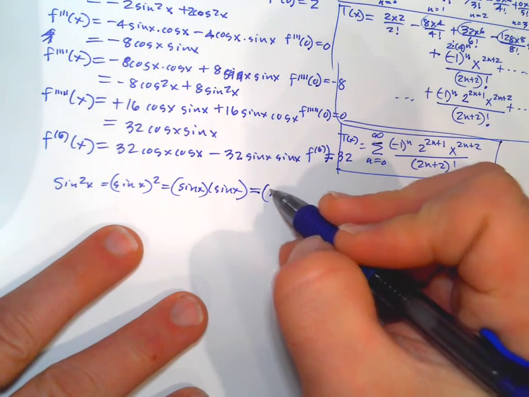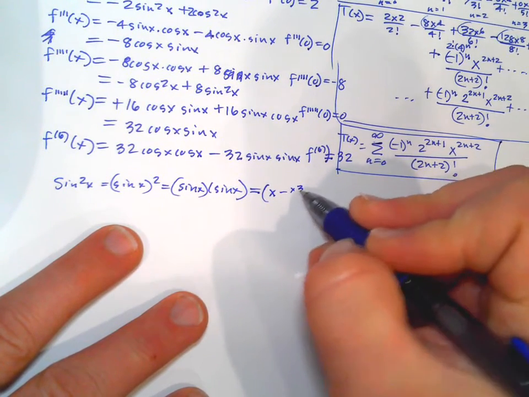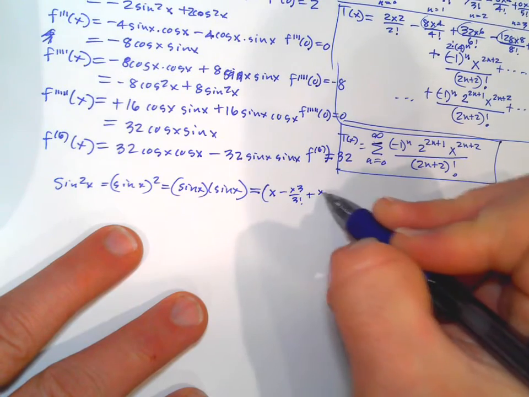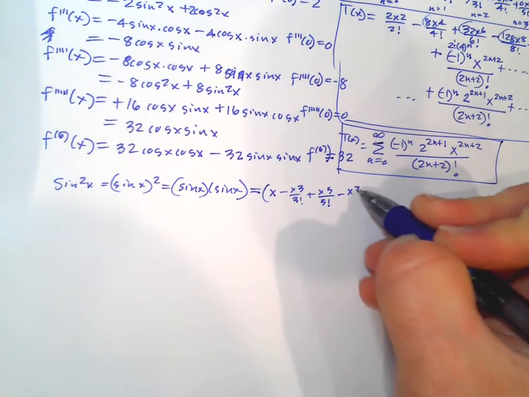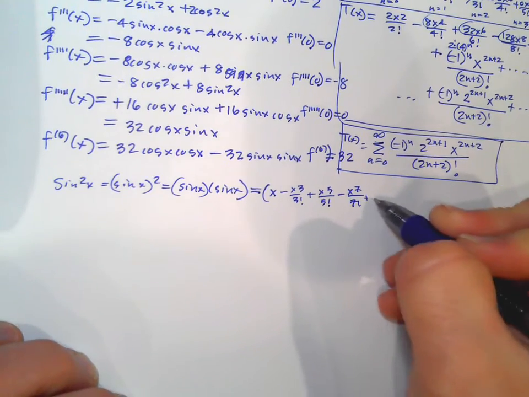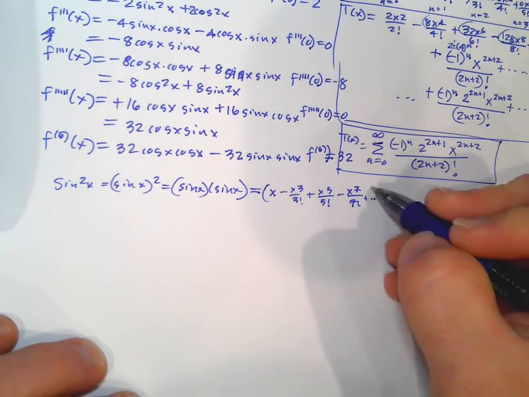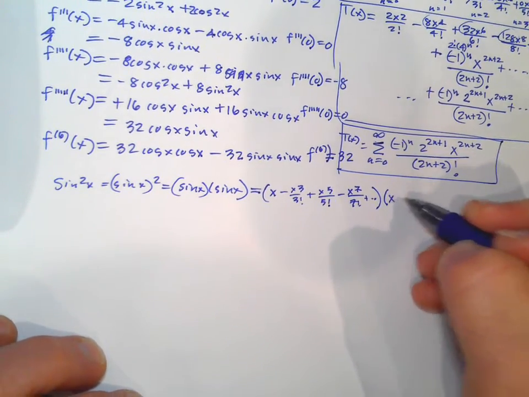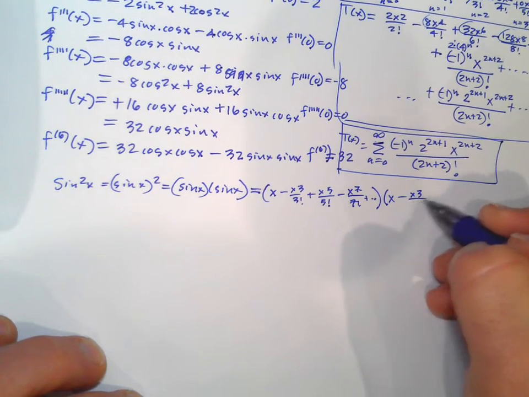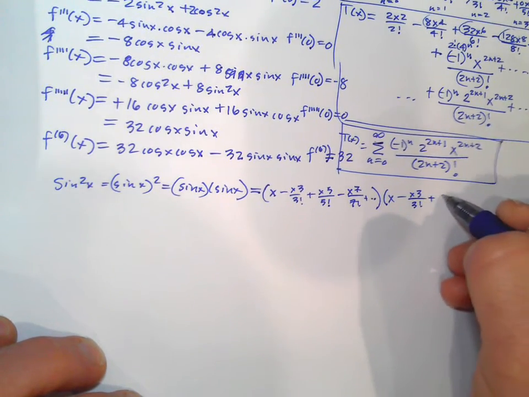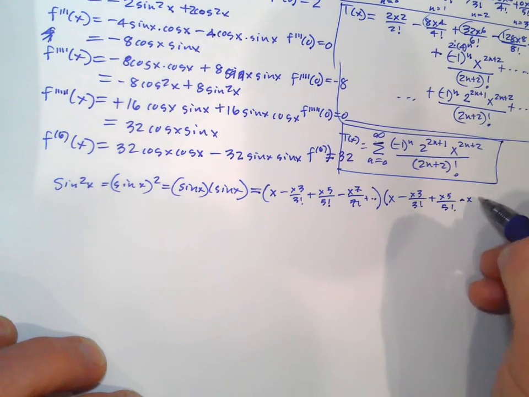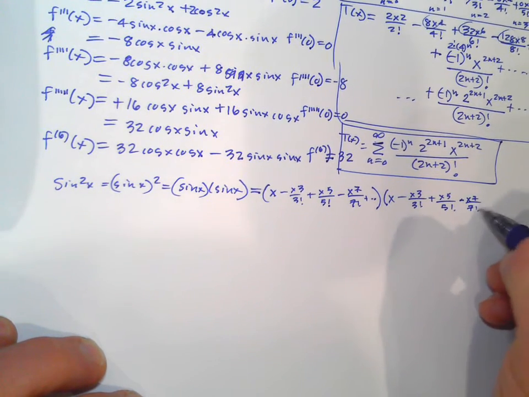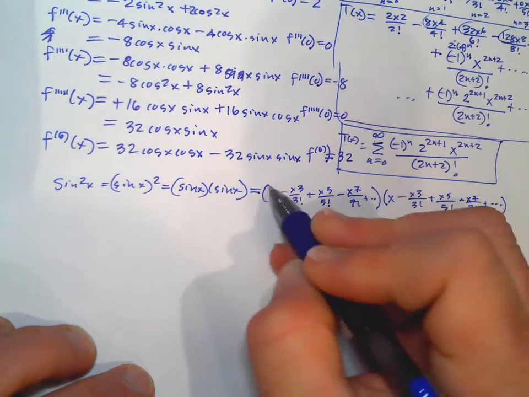It's x minus x cubed over 3 factorial plus x to the 5th over 5 factorial minus x to the 7th over 7 factorial, right? And then you're multiplying it times the same thing. So these are the memorized Maclaurin series. Challenge yourself to memorize these as soon as possible. It's going to make life easier. Okay, and then we distribute.